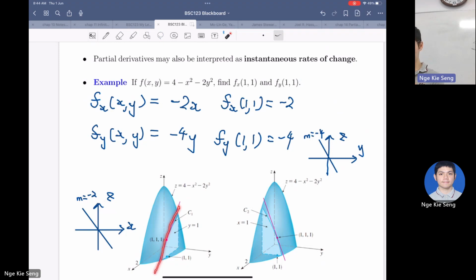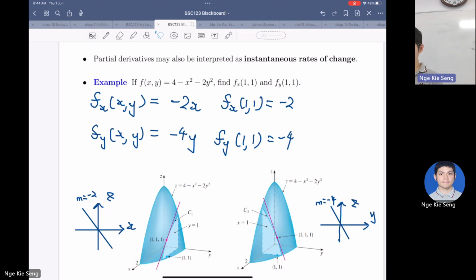to positive x. Similarly, for the direction of y, what happens? Because y is facing to the left, the slope is also decreasing when y is increasing.